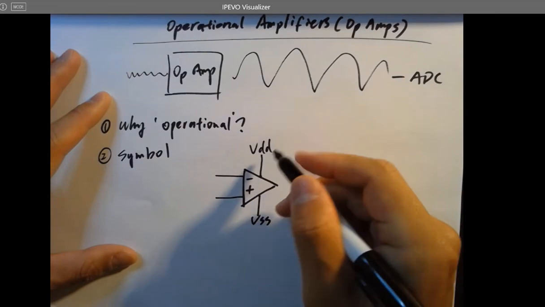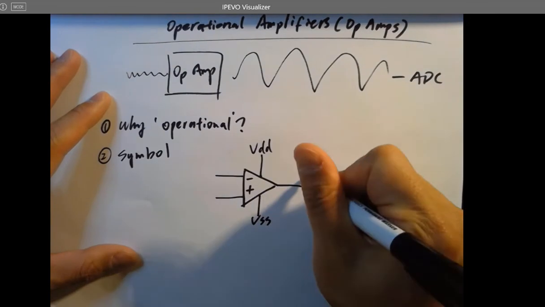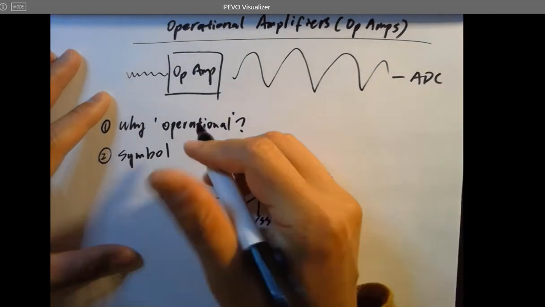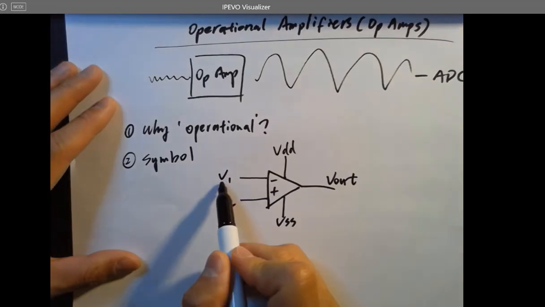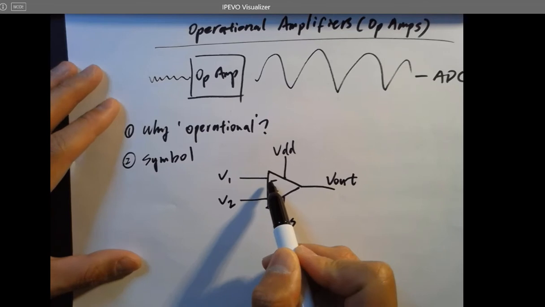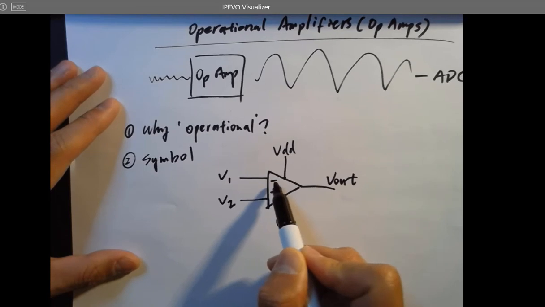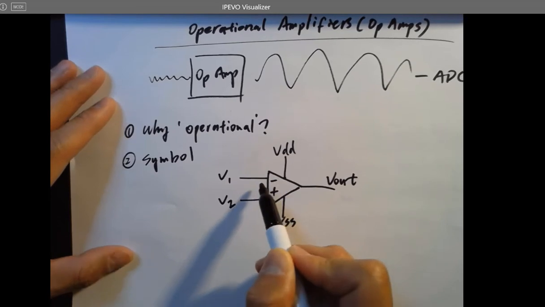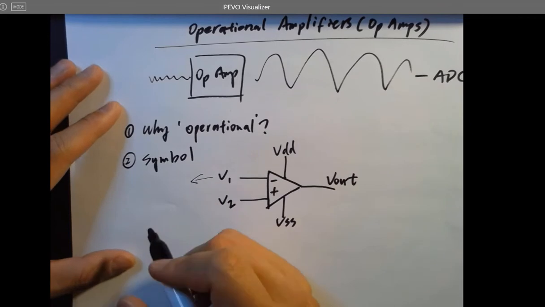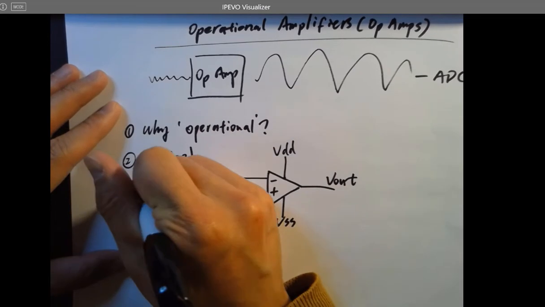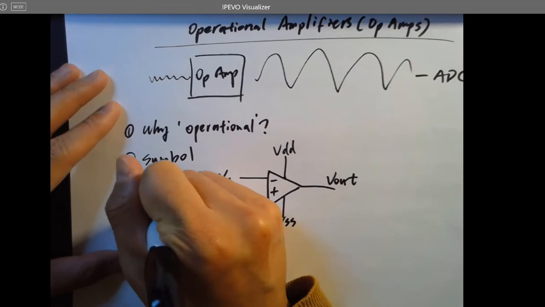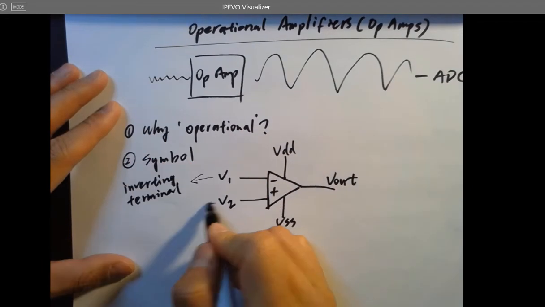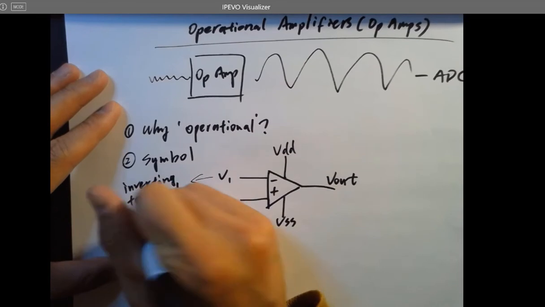So it's called VDD and VSS. This is V out. This is V1, V2. V1 is connected to the minus terminal of the op-amp, so this is called the inverting terminal. And this is the non-inverting terminal.